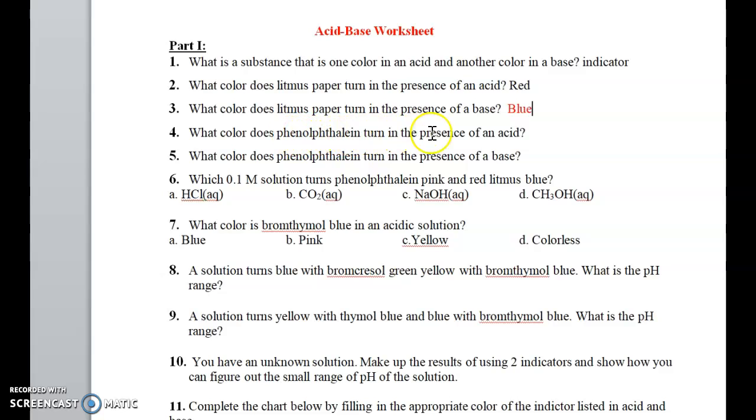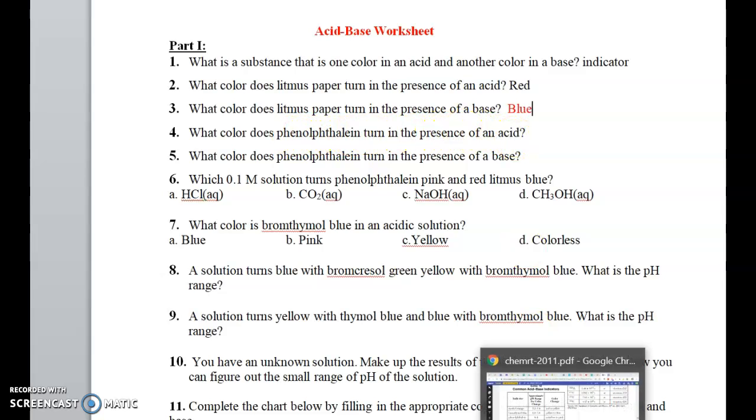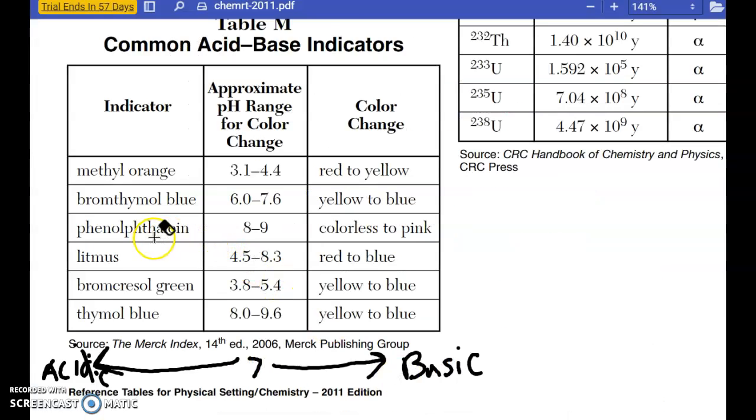What color does phenolphthalein turn in the presence of an acid? If it's on the more acidic side, it's going to be under a pH of 8. You might say, well, Miss West, what if it's 7.5? Then isn't it still basic? Yes, but if you have an acid, then it'll be 6.5.